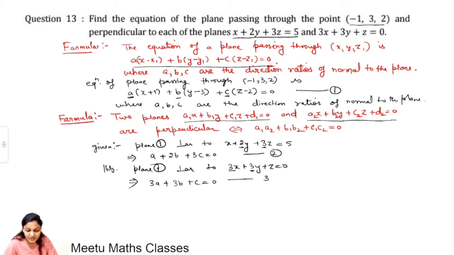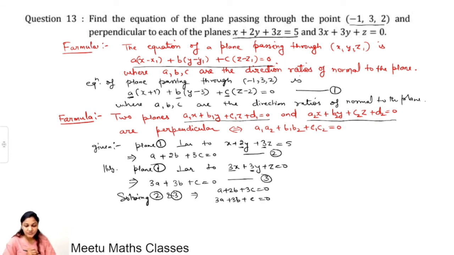This is your equation 3. Now solving 2 and 3, we have a plus 2b plus 3c is equal to 0 and 3a plus 3b plus c is equal to 0.